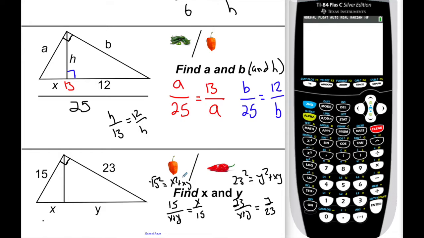So you can think about what. x squared plus 2xy plus y squared equals 23 squared plus 15 squared. And you can actually factor this, believe it or not. It's just x plus y squared equals 15 squared plus 23 squared. We know that. That's the Pythagorean theorem.